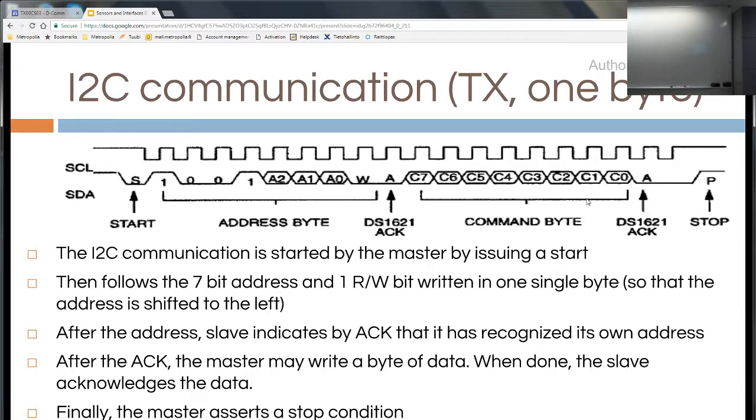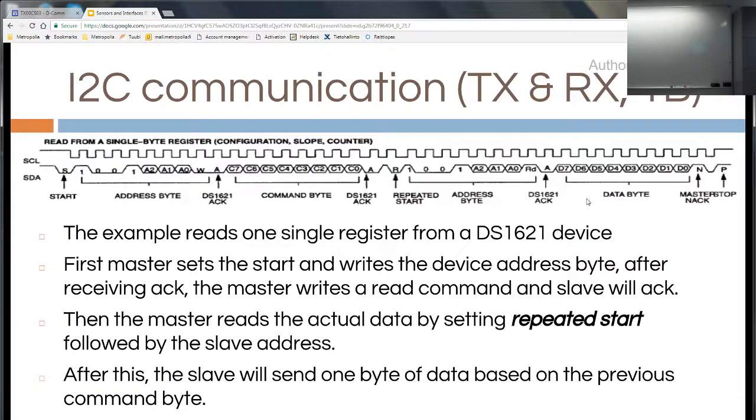At least one device answered. That is followed by a command byte, or the data payload byte. Each 8-bit byte is followed by listening for the acknowledgement, and as many bytes as there are. And at the end, the stop.